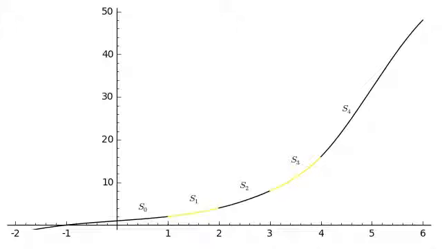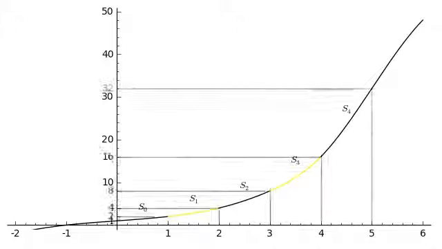Here we've got a graph of all of them connected together, and you can see they fit together perfectly, and it looks really smooth. It looks really nice, and you can see from the graph that they equal the right values. At the origin it's 1, at 1 it's 2, at 2 it's 4, at 3 it's 8, at 4 it's 16, at 5 it's 32.